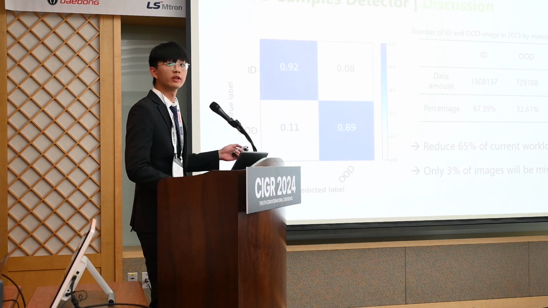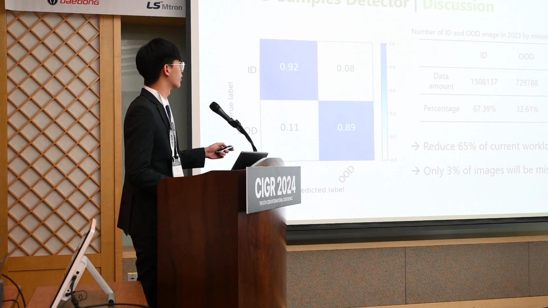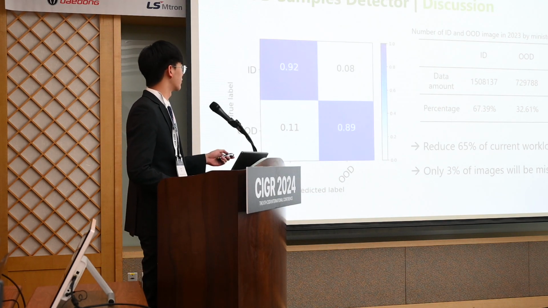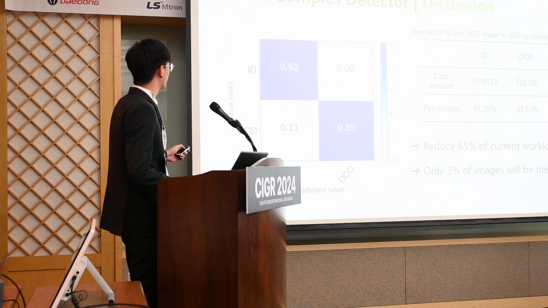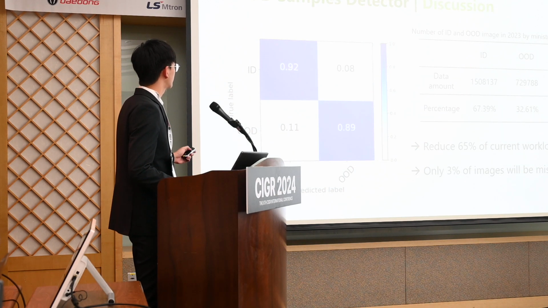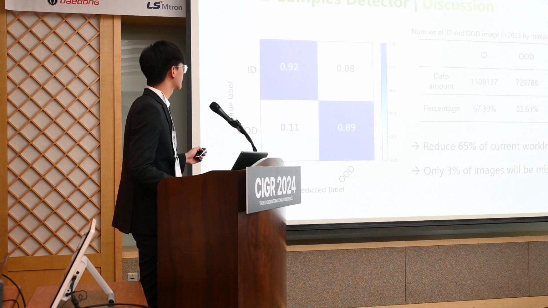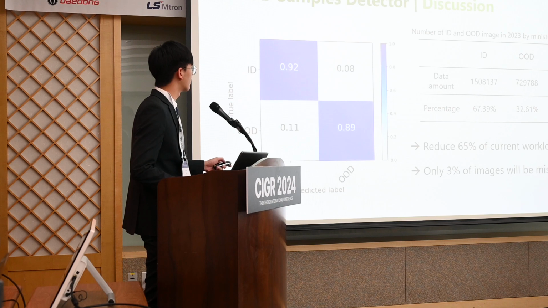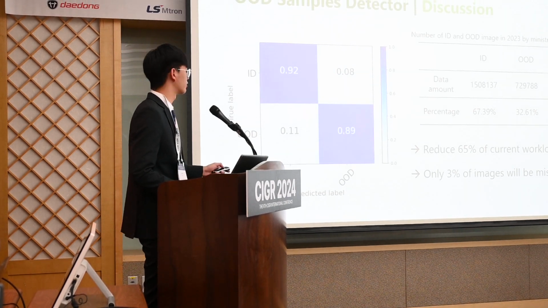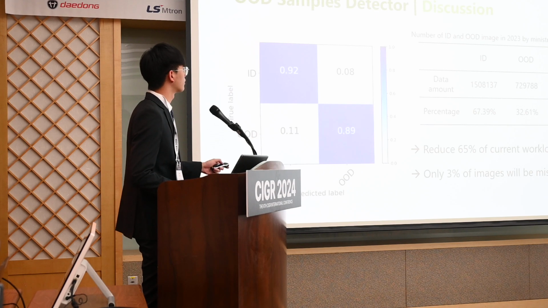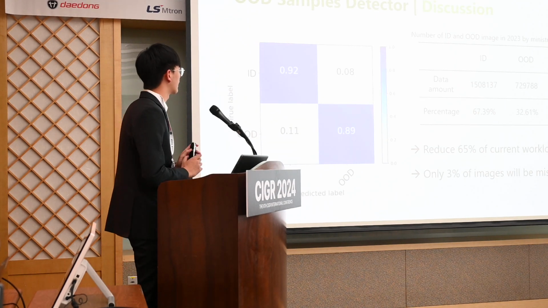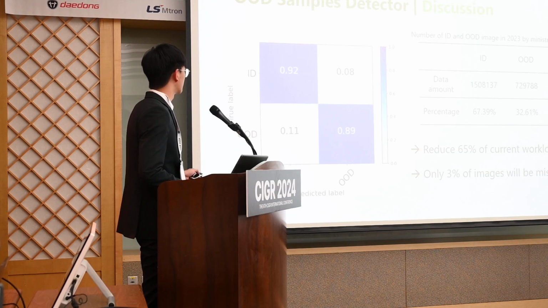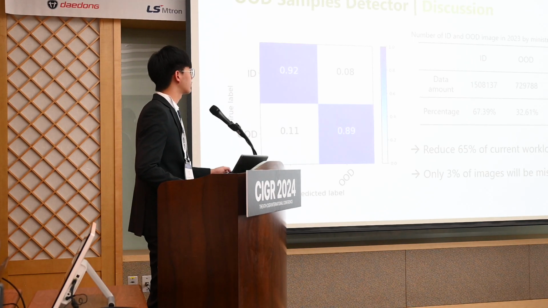Based on this chart, we can see the ratio of the ID images and OD images in the real world scenario. The OD sample detector has a true positive rate of 0.92, and it times the ID samples, 67%, to get the 65%, and to add 0.11 times the OD samples, 32%.